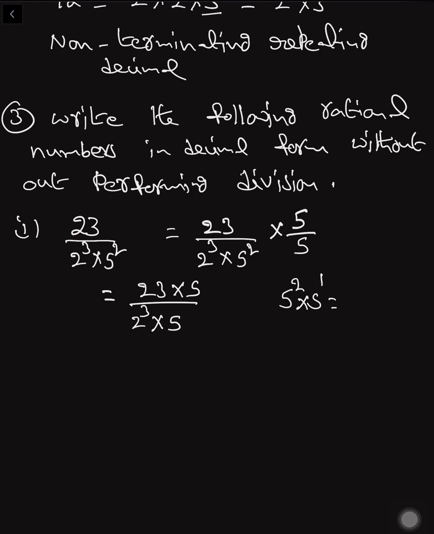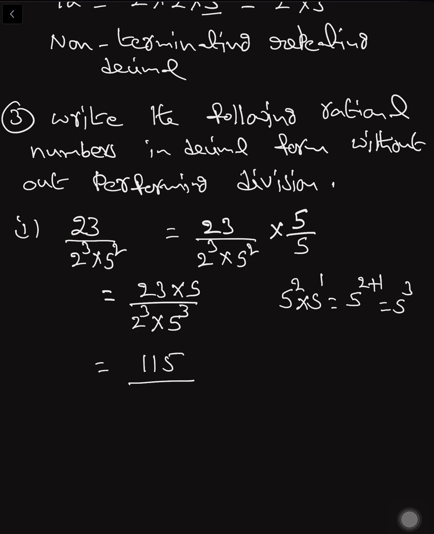The bases are equal and we are multiplying these factors, so you can add the powers. 5 to the power of 2 plus 1 is equal to 5 to the power of 3. So write 3 here. And 23 into 5 is 115.